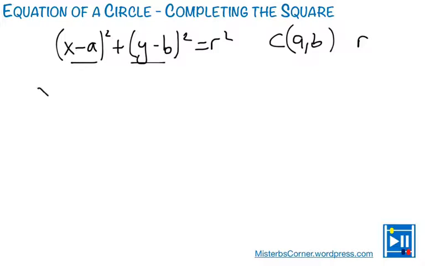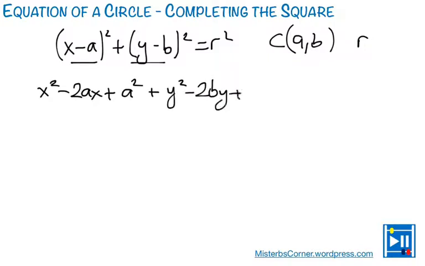Well, this is going to be x² - 2ax + a² + y² - 2by + b² = r². And you're going to see that these expansions of the equation of the circle will be given as equated to 0.